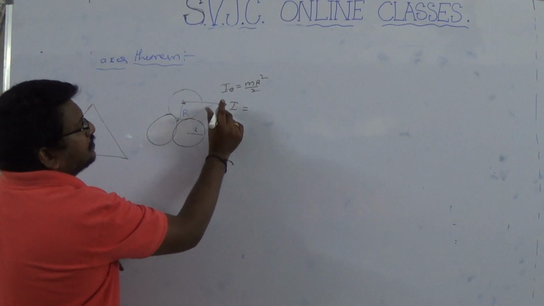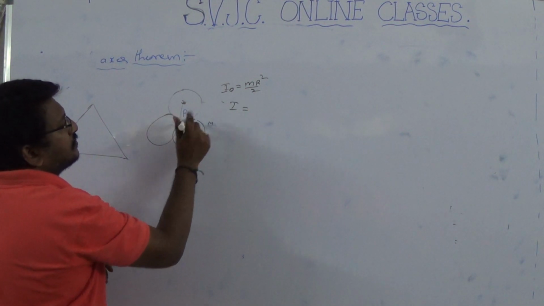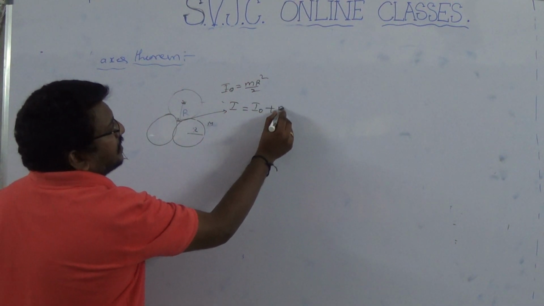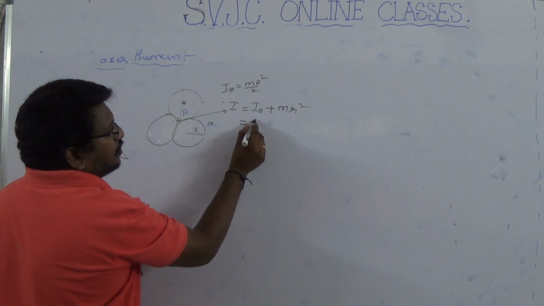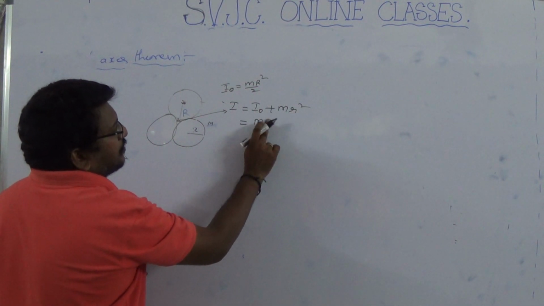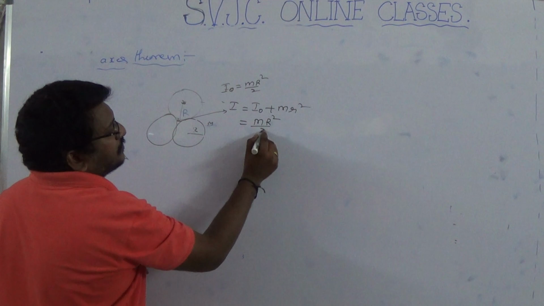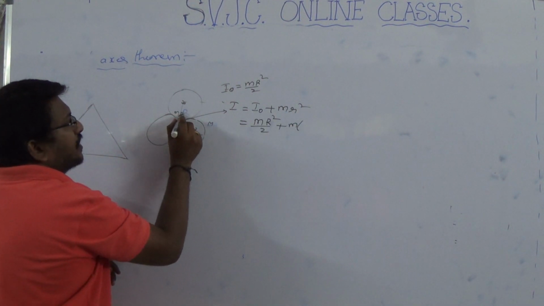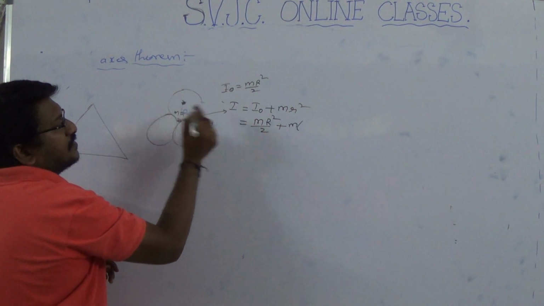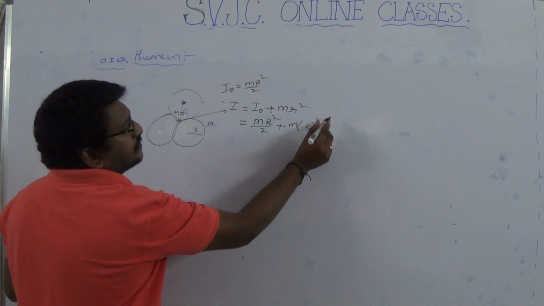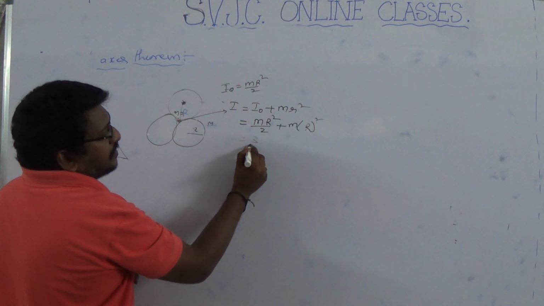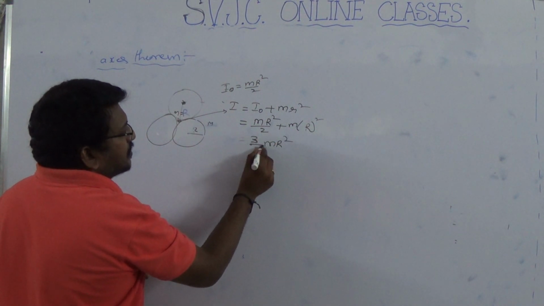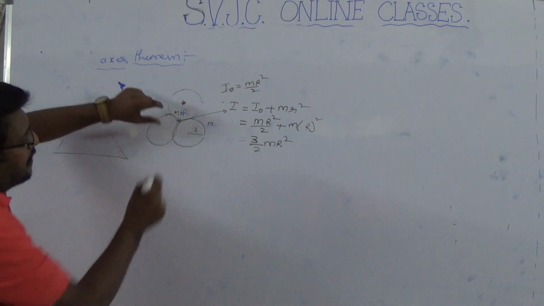I equal to I naught plus m r square. That equals m r square by 2 plus m r square. That gives 3 by 2 m r square. That is the moment of inertia of the disk with respect to this axis.